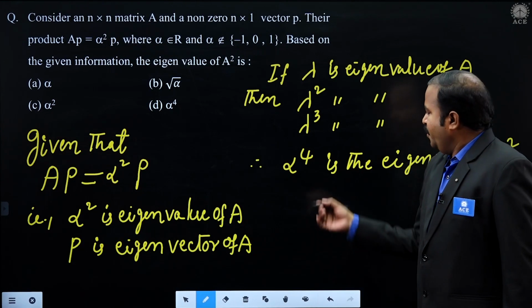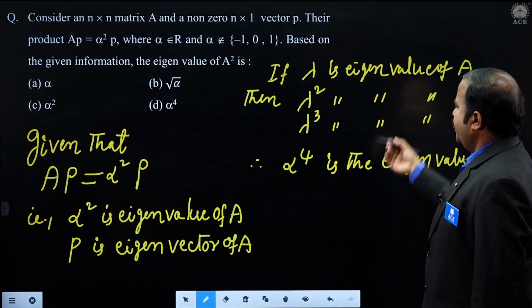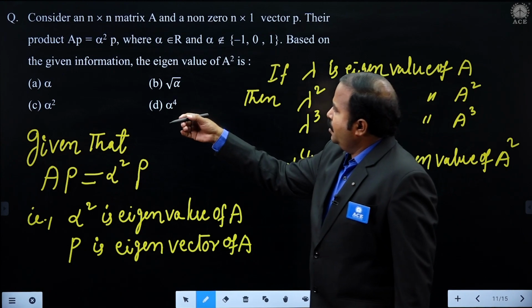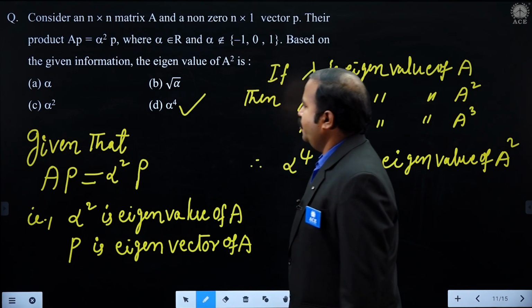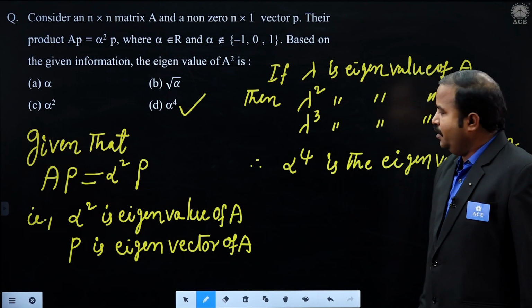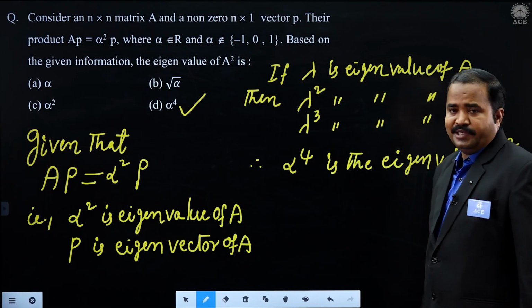Am I clear? Therefore the correct one is option D, that is alpha power 4 is the eigenvalue of the matrix A square.